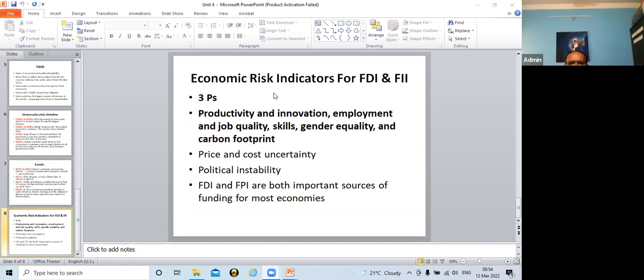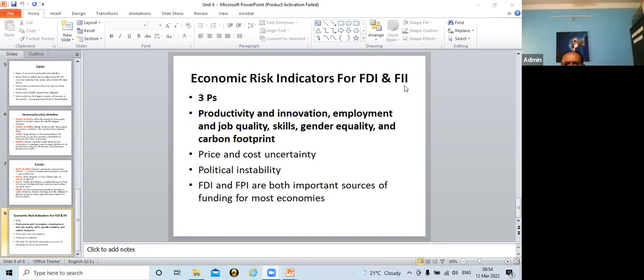Now, this is the last point of the fourth unit, that is economic risk indicators for FDI and FII. The difference between FDI and FII is that FDI increases the GDP of a nation, and FII increases the money flow of a nation. So please understand the basic difference between FDI and FII.